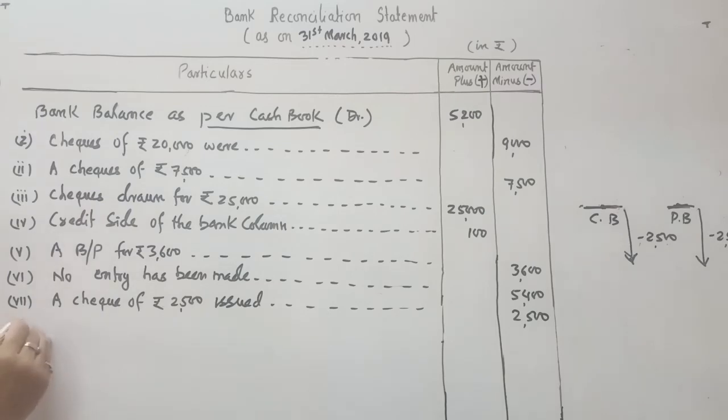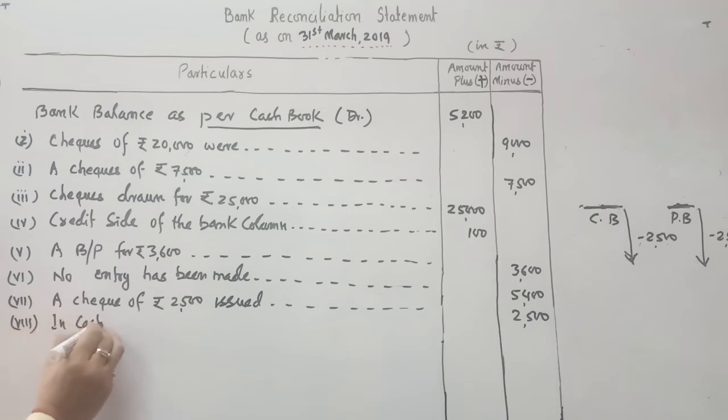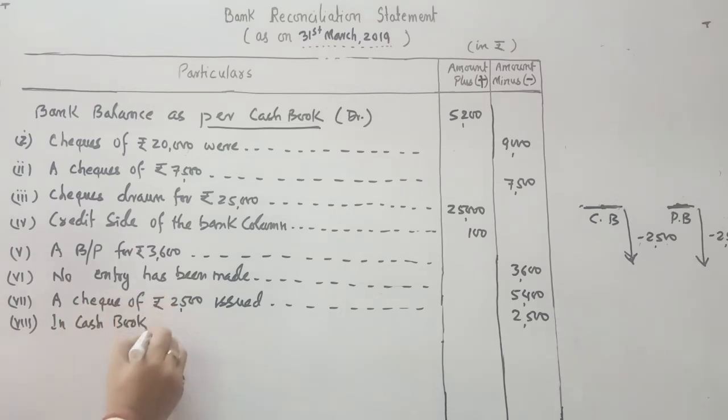Next one is point number 8. Cause of difference number 8. Difference number 8 is what? In the cash book, bank charges.